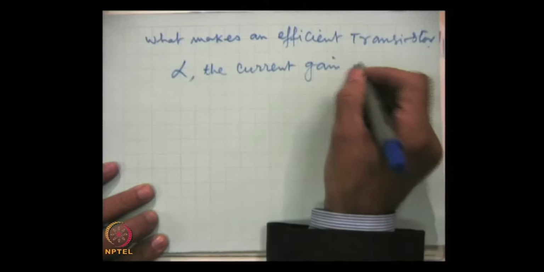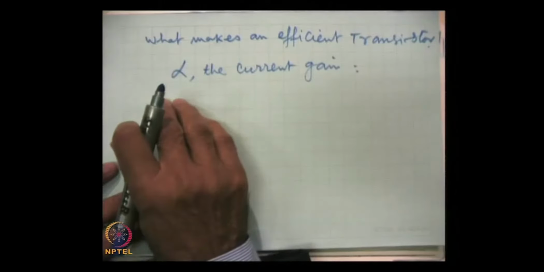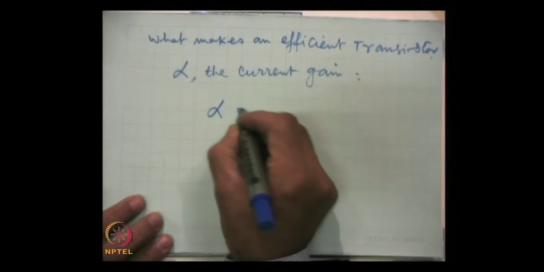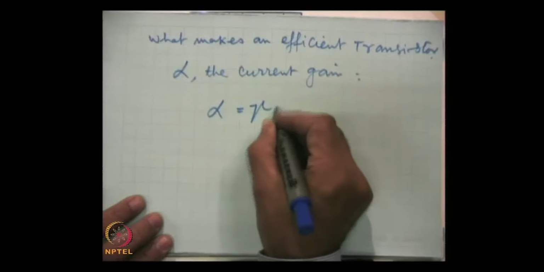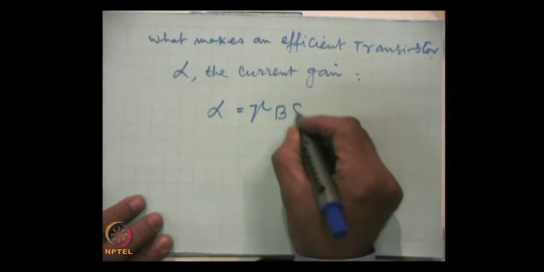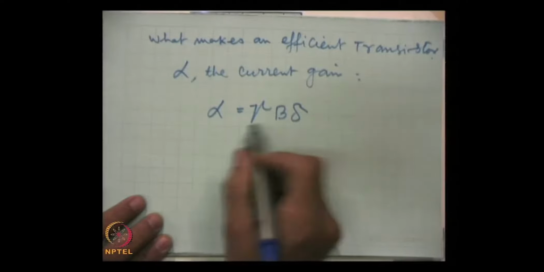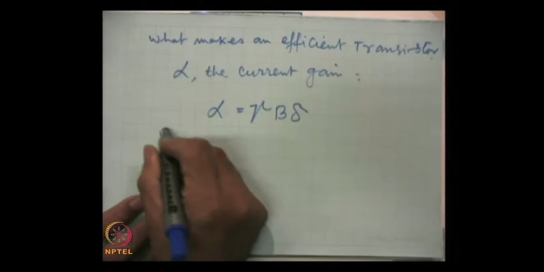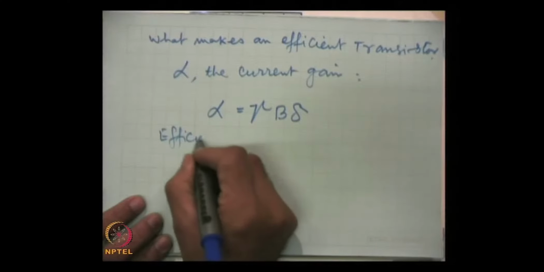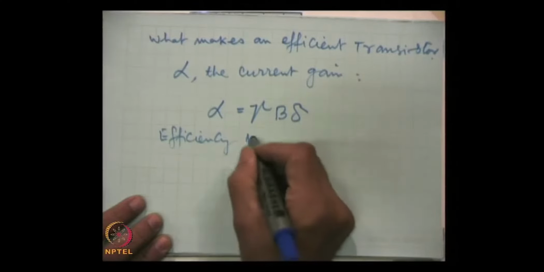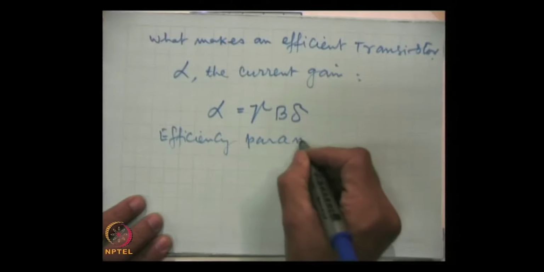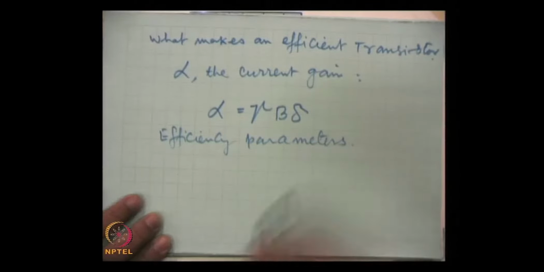And this depends, if we go in greater detail, then alpha depends on 3 factors. So, alpha is equal to gamma B delta. These are called efficiency parameters.